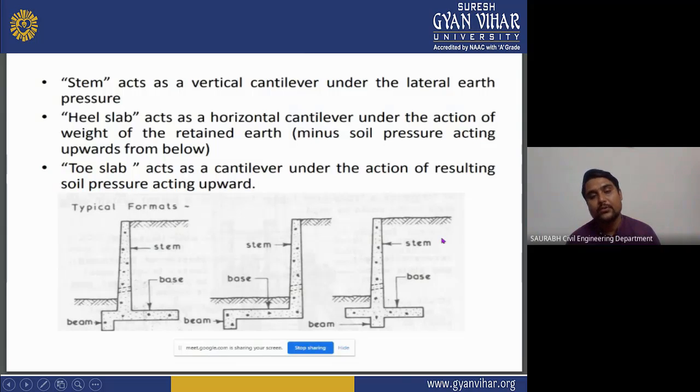What is the work of the toe slab here? We can see it acts as a cantilever under the action of the resulting soil pressure acting upward. As you can see here, that is your toe slab, and this is a part of your cantilever wall.